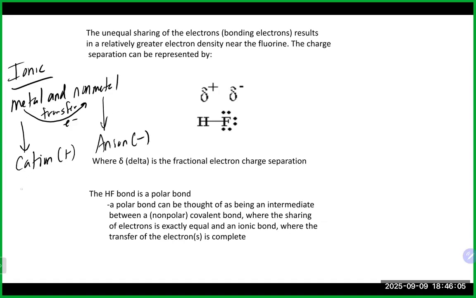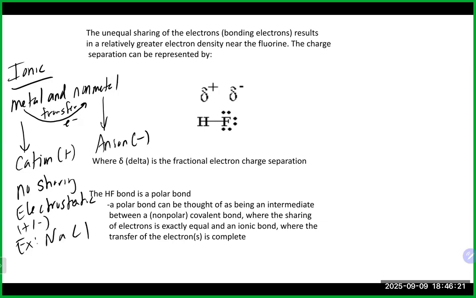And again, we have no sharing of electrons. It is that electrostatic attraction that holds it together, a positive-negative attraction between the ions. An example of that is any ionic compound you like to choose, like sodium chloride, for example.